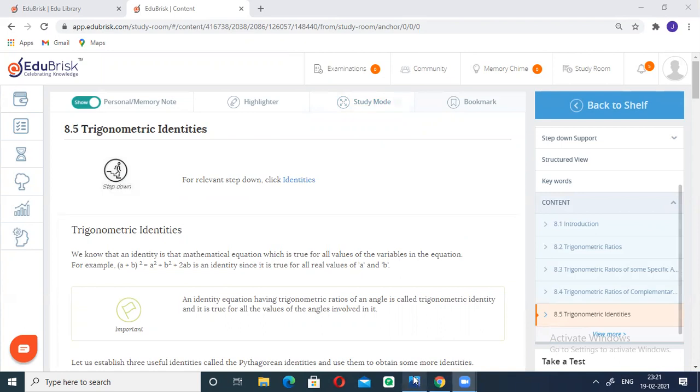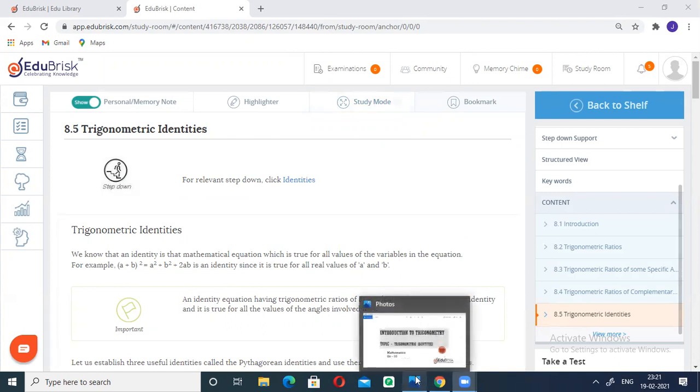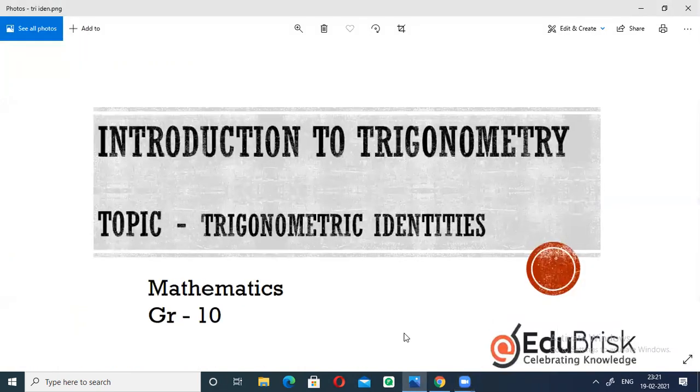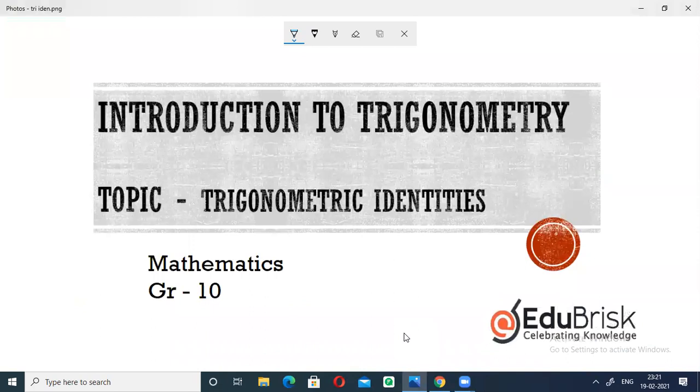So hope you have understood the concept of trigonometric identities as well as how to do the questions related to them using the technique: start with LHS and reach the RHS, or start with RHS and reach the LHS, or start with both and simplify and get the same answer. Hope it is clear. Thank you.